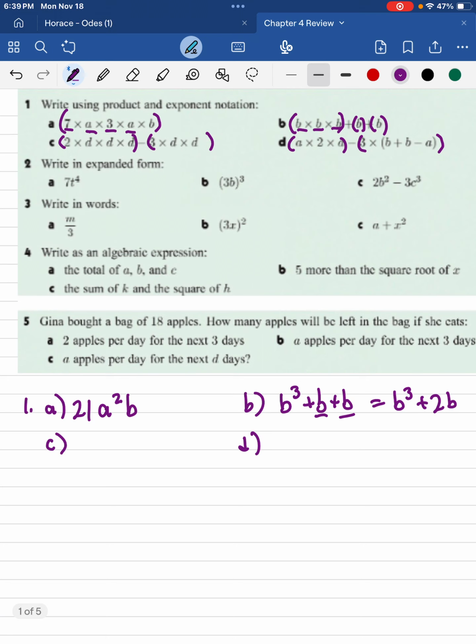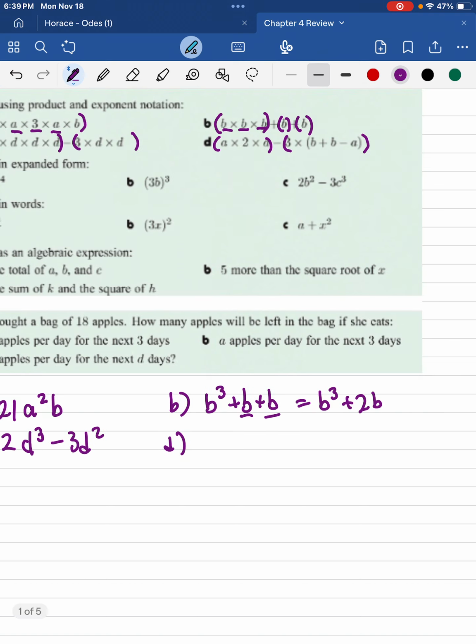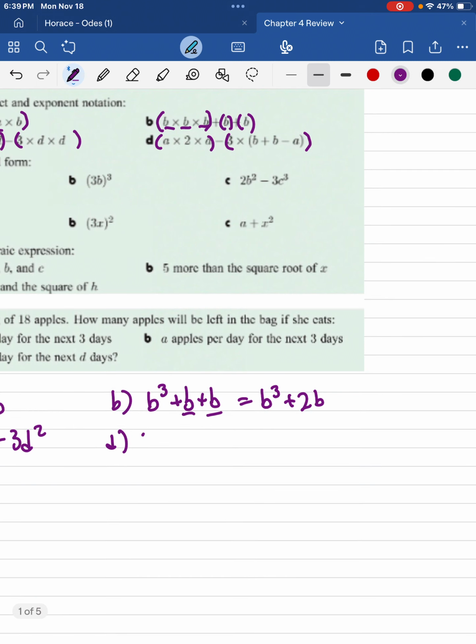Okay, for part C, I have 2d cubed minus 3d squared, and then finally I have 2a squared minus 3, and then we're just going to keep whatever's in the parentheses in those parentheses. So these terms right here, we'll just make sure that we combine the 2 b's. So 2b minus a.